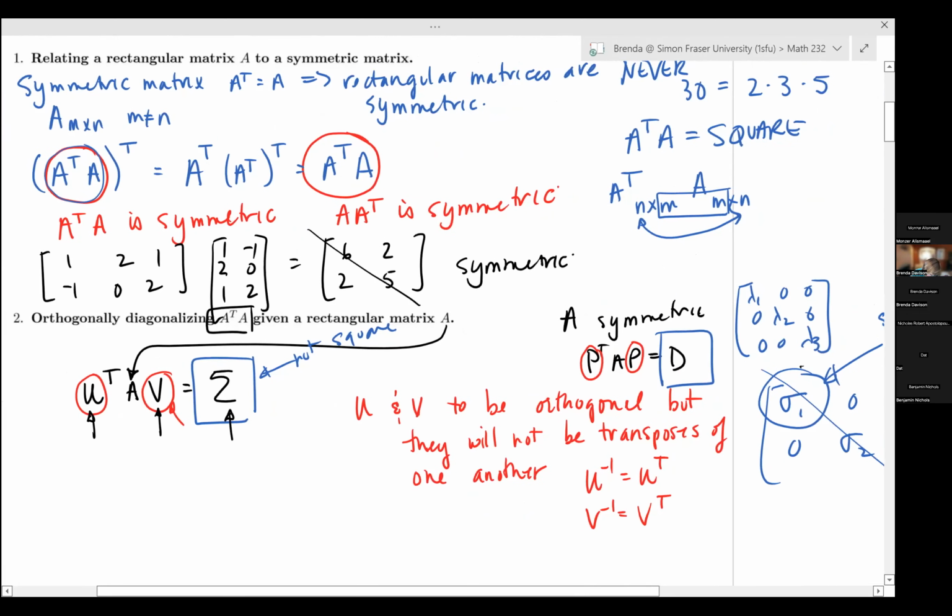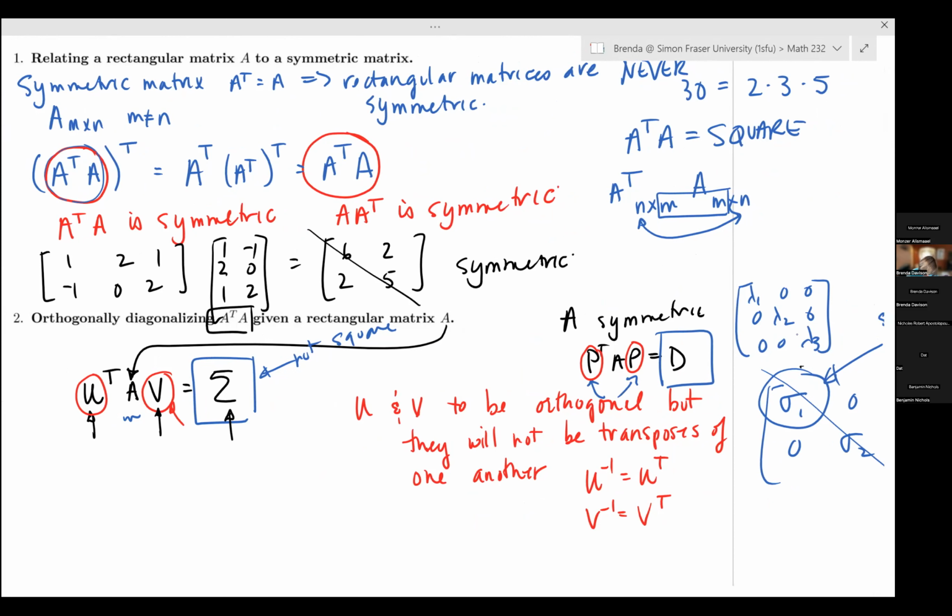We are still going to end up doing a decomposition of A into three things. Sigma is like D, and it's going to contain the singular values of A. Then we've got these other two matrices, U and V, which are akin to P transpose and P.